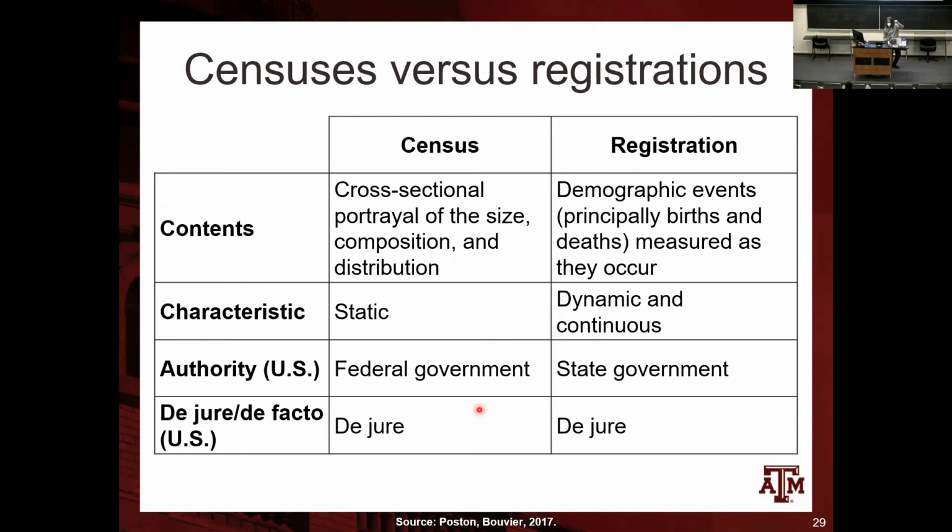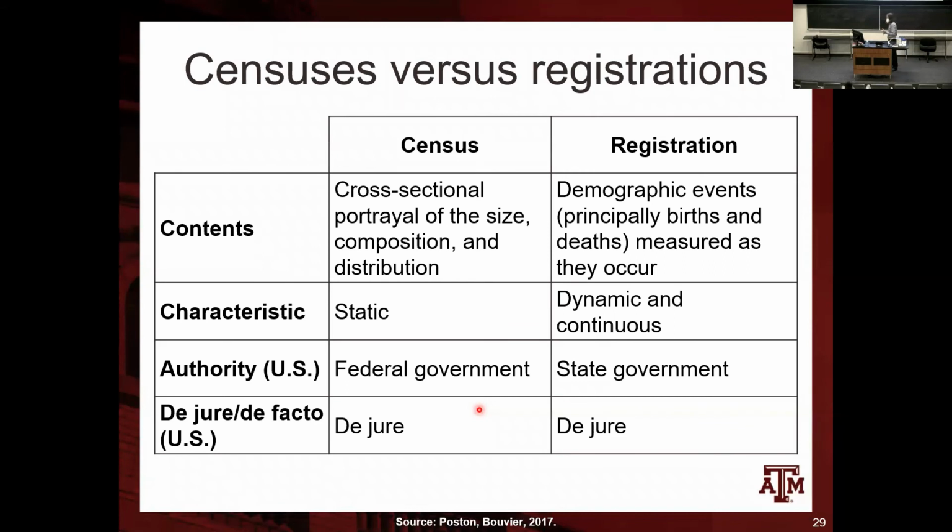Here for the census, I cut all these different sections, all these different cohorts. It's cross-sectional. I'm getting data for a specific year for my whole population in that specific year. And then I can get information about the size, composition, right? Sex, race, ethnicity, home ownership, and so on. Characteristics of the household. And distribution, right? I know where these people live. So it's static, collecting at a specific time point.